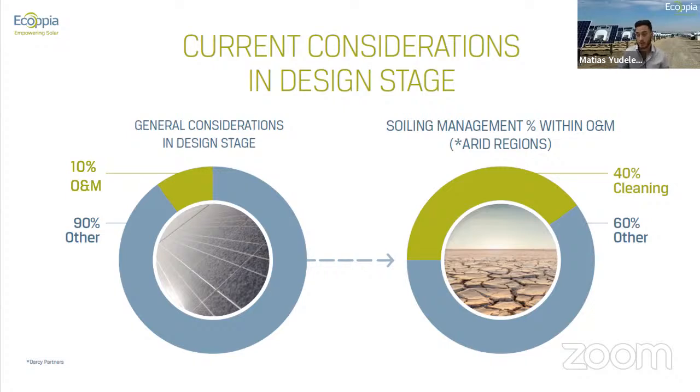Why is soiling management so important? As we can see here in this example from arid and semi-arid regions, in a study conducted by Darcy Partners, they found that almost 40% of the cost of O&M goes to cleaning. Therefore, optimizing cleaning solutions is paramount in order to lower the cost and increase the performance and profitability of the plants.